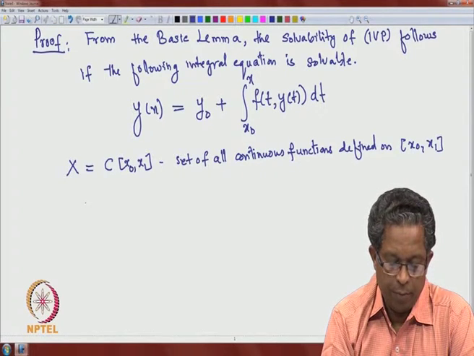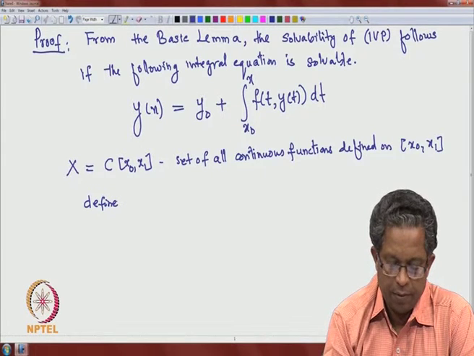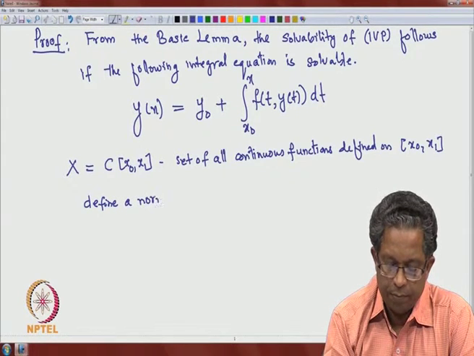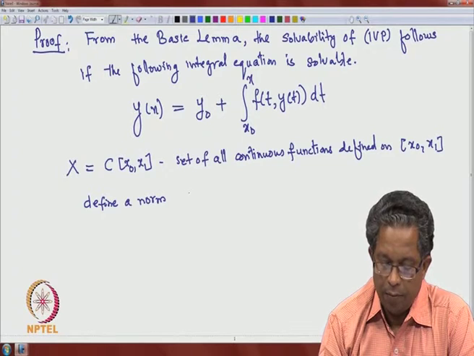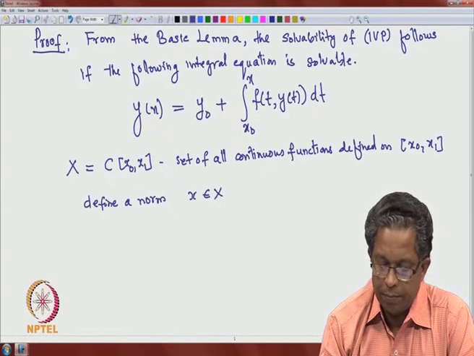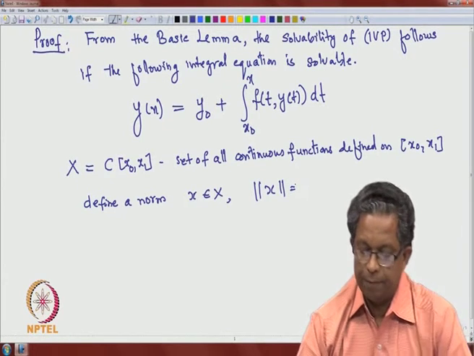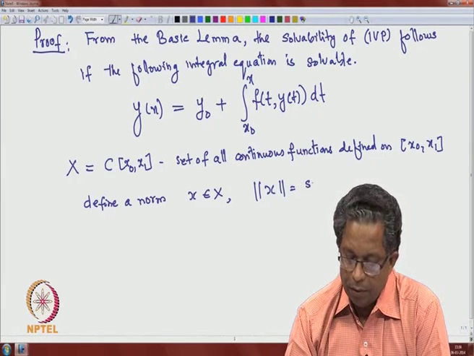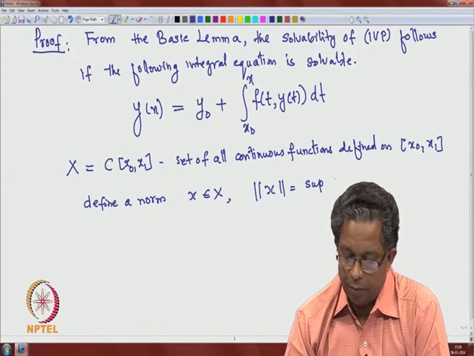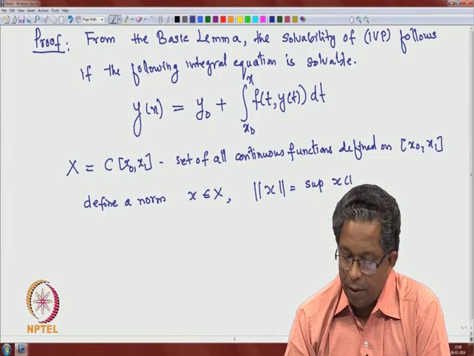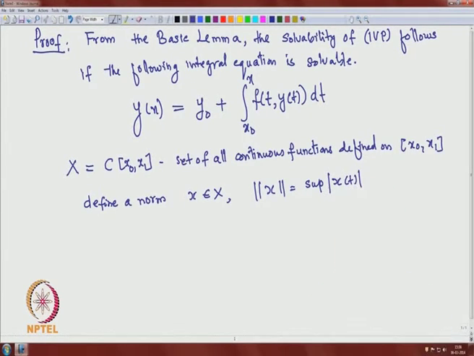So, if we define a norm for x in X, norm of x is the supremum or maximum of |x(t)|, where t varies between x0 and x1.